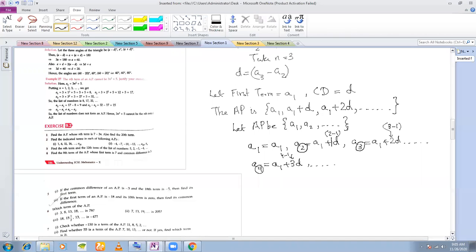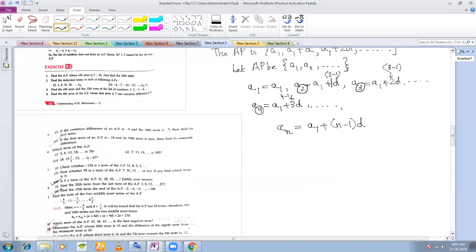So similarly, if we continue in this manner, then I can write the nth term of an AP, an, as A1 plus n minus 1 into D. Now you put various values in this n, you will get the various terms. Take n equal to 1, you get A1 is equal to A1.